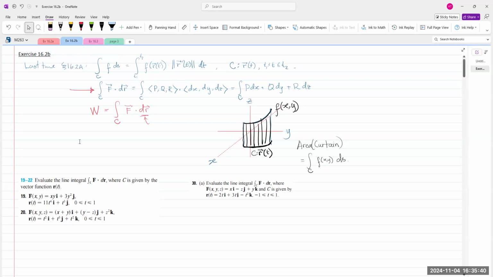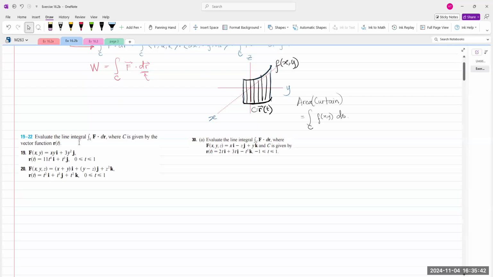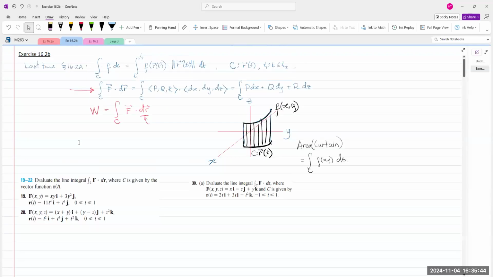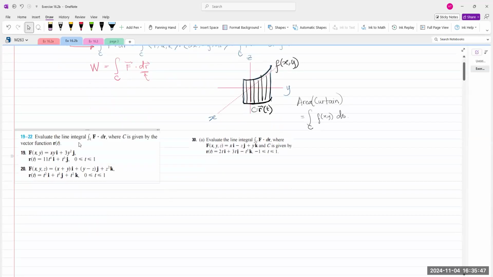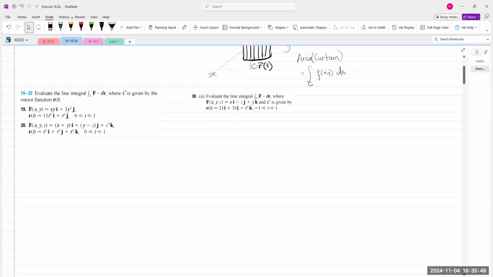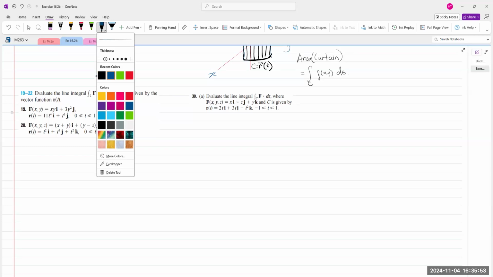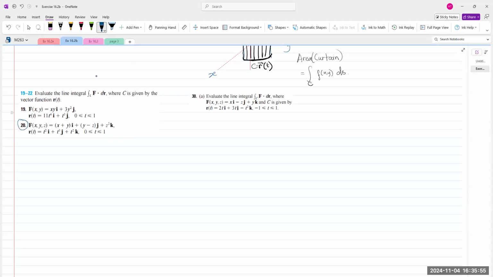Let's see. I noticed that I already did some problems in my lecture videos. So in this supplemental video, let's do some problems to add to it. For example, number 20. Evaluate the line integral over curve C of f dot dr, where that's the f and this is the r.